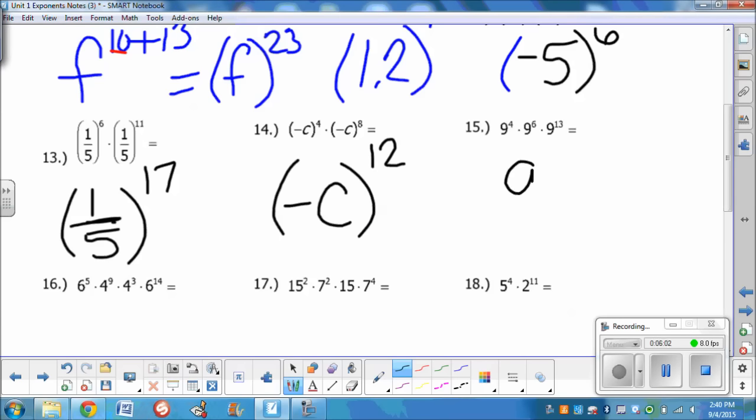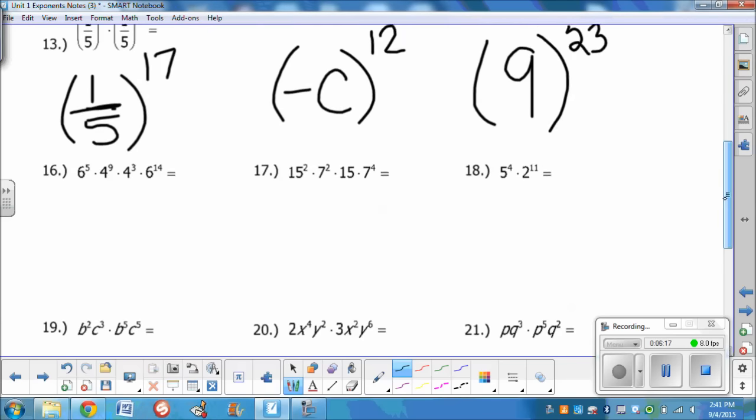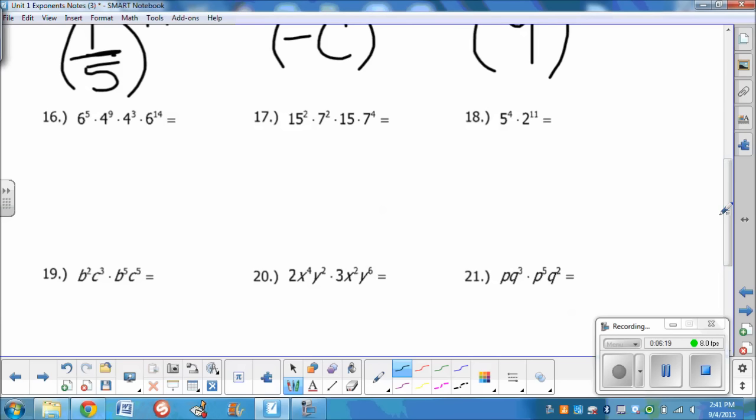Same thing with 15. 9, we have 4, then we have 6 more, then we have 13 more 9s. If I were to expand all that out, I would have to write 9 23 times. Number 16 looks a little bit different because now we've got 6's and 4's as bases. Let's focus in on the 6's.